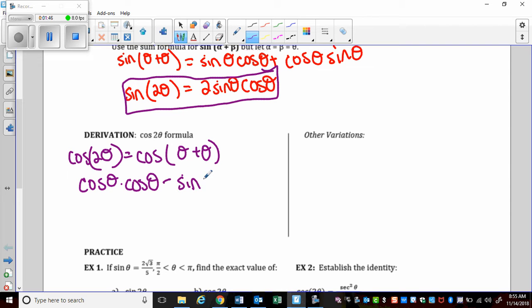Sine of alpha times sine of beta. This simplifies to cosine of 2 theta being cosine squared. Cosine times cosine is cosine squared theta minus sine squared theta.